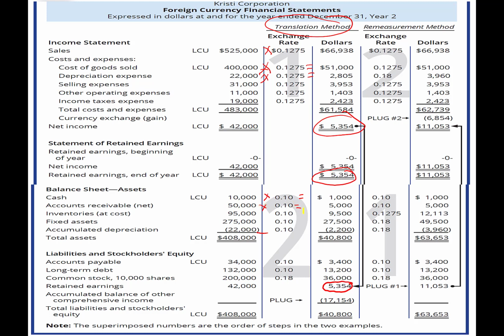Okay, that's the second thing we do, the balance sheet second. We go ahead, we do all those. That then rolls up my total assets into 40,800, and then I go ahead and I translate my liabilities.